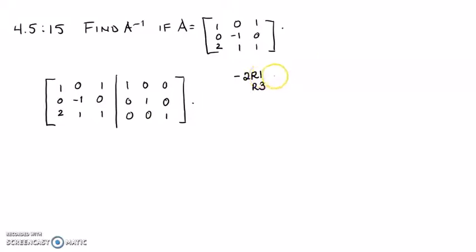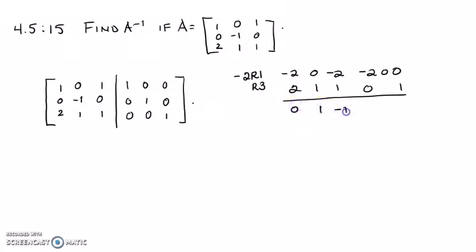So the opposite of 2 times row 1 is negative 2, 0, negative 2, negative 2, 0, 0. And then row 3 is 2, 1, 1, 0, 0, 1. And when I add those together now, I get 0, 1, negative 1, negative 2, 0, 1.